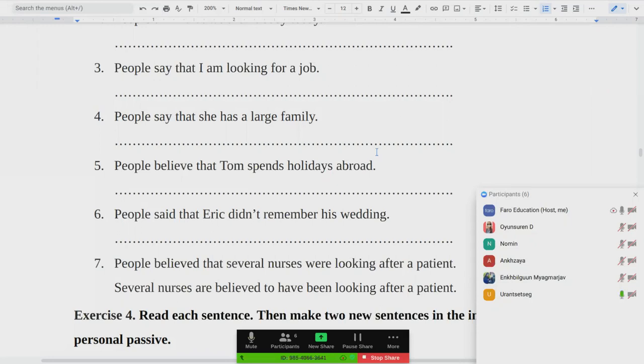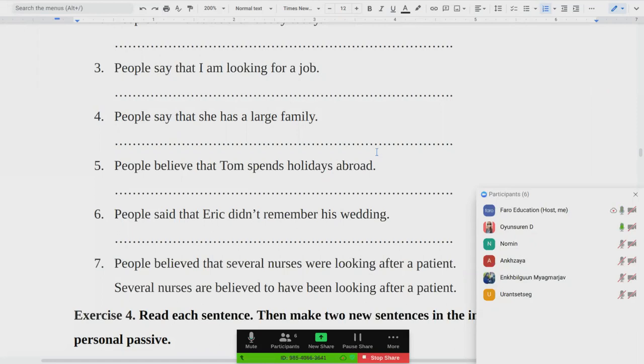I am said to be looking for a job. Now continuous: to be plus looking. Number 4.